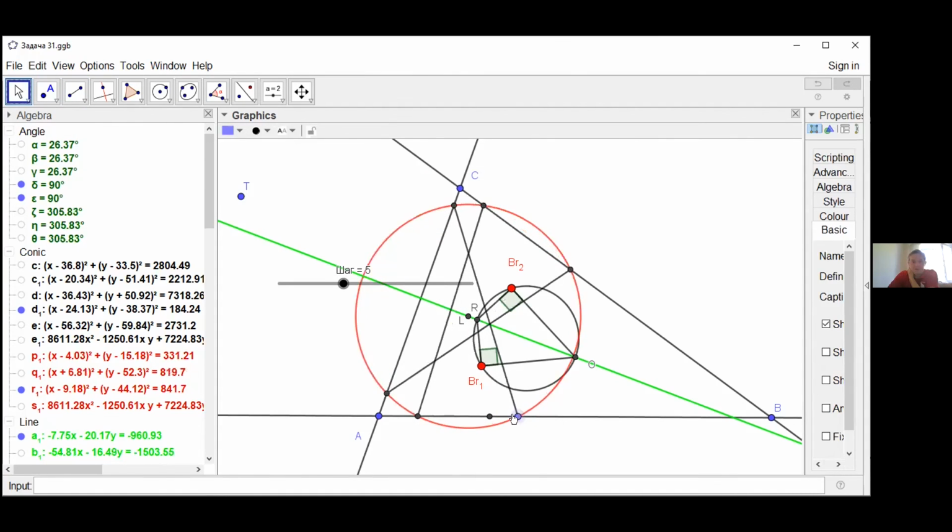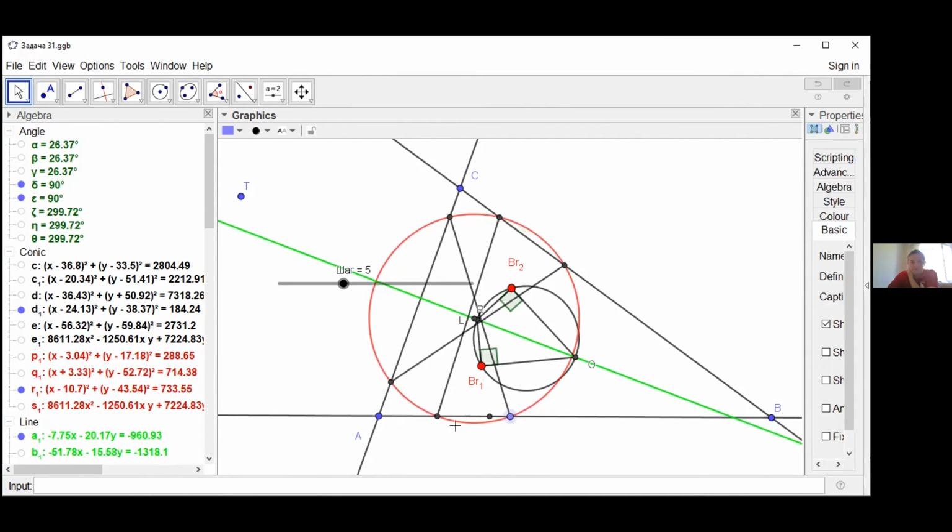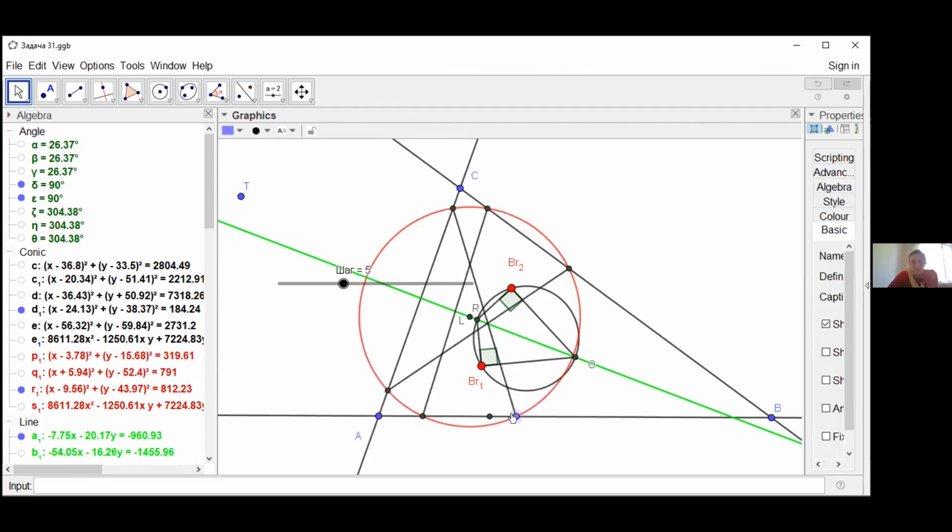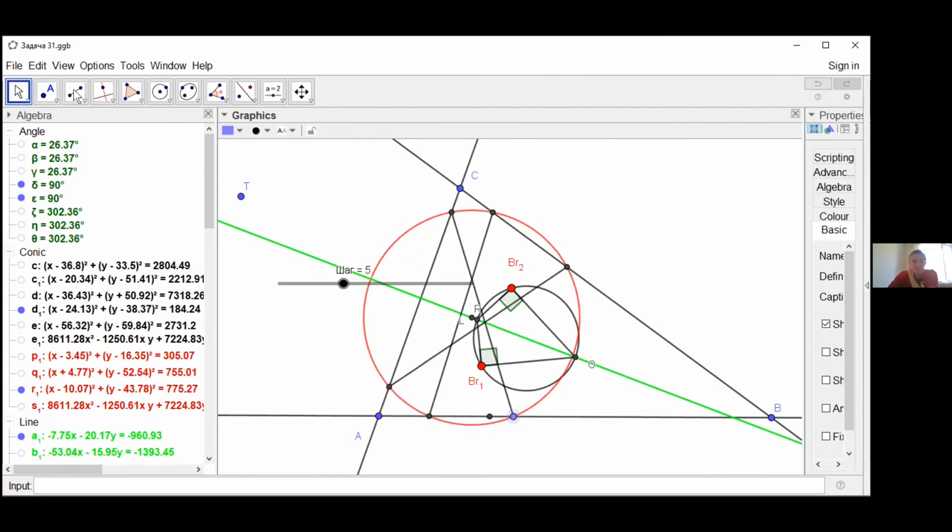Moreover, if we consider again this whole family of circles in all these positions, we can notice that in fact we consider a self-intersected hexagon in our construction, a hexagon inscribed in this red circle.